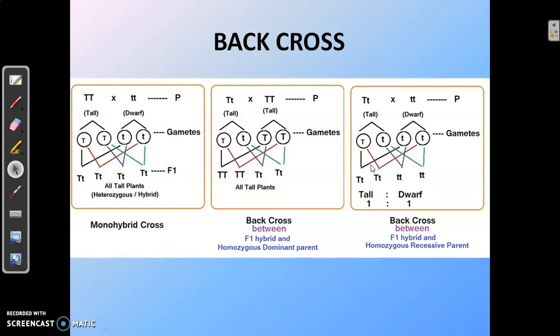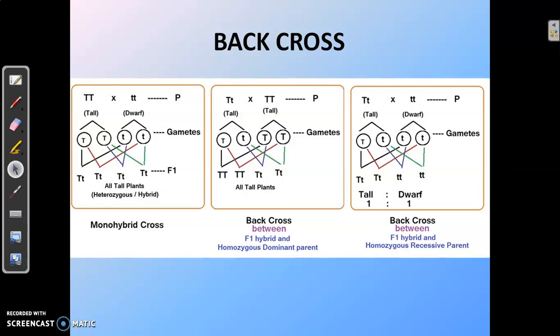Now let us understand what a back cross is from this simple cross. Here we can say that a tall plant is crossed with a dwarf plant. The P generation plants are pure in nature, that is homozygous. The F1 hybrids obtained are all heterozygous in nature, that is heterozygous tall plants.